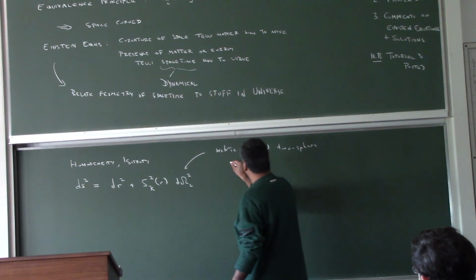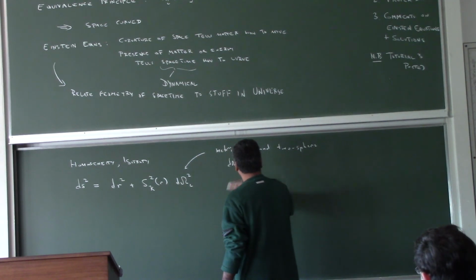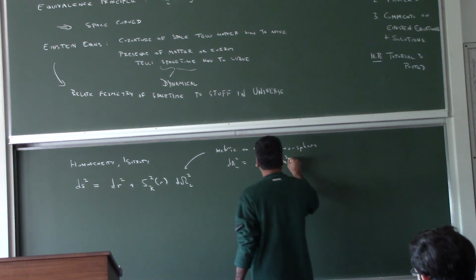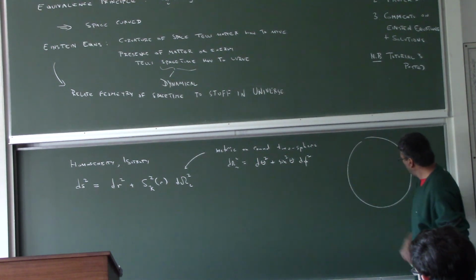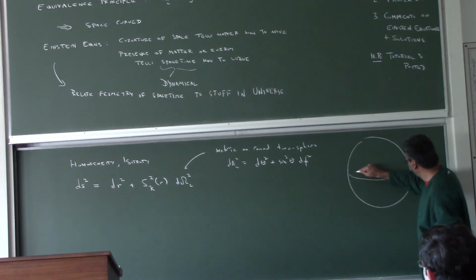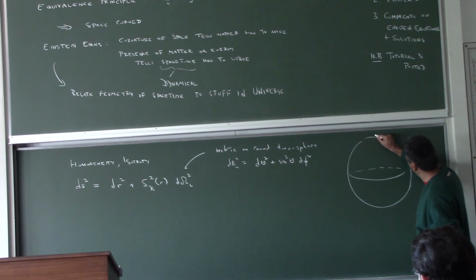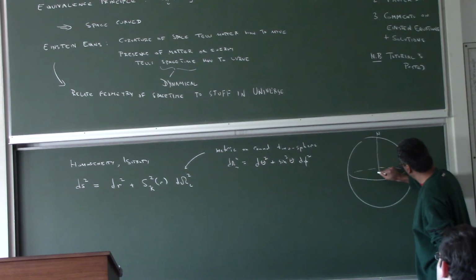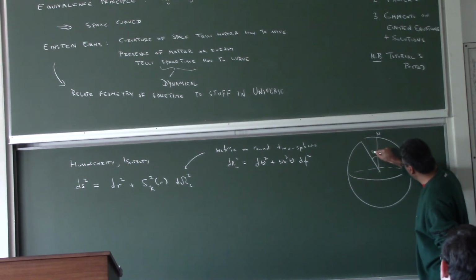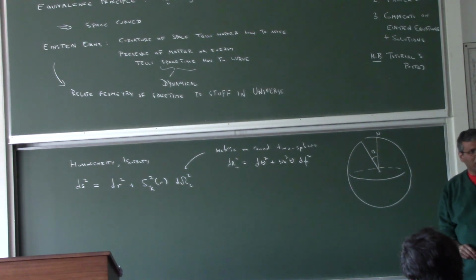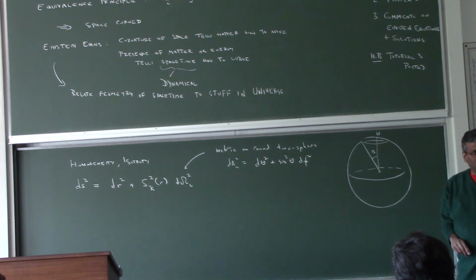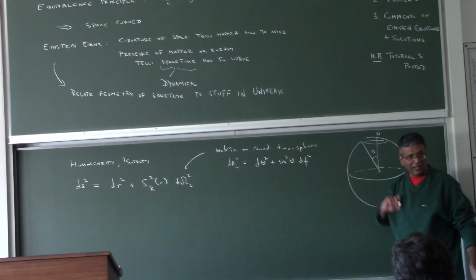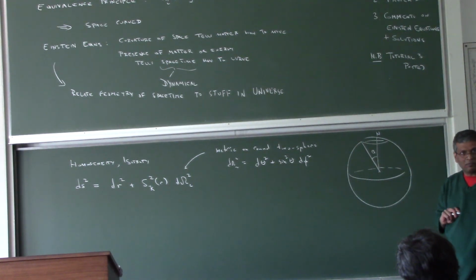And this metric is d theta squared plus sine squared theta d phi squared. And theta and phi refer to angles on the sphere. So we have a north pole, and theta refers to the deviation from the north pole, and this fixes a circle of latitude. And on this circle of latitude, we have this angle phi.